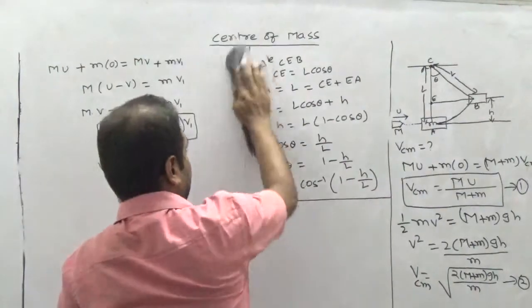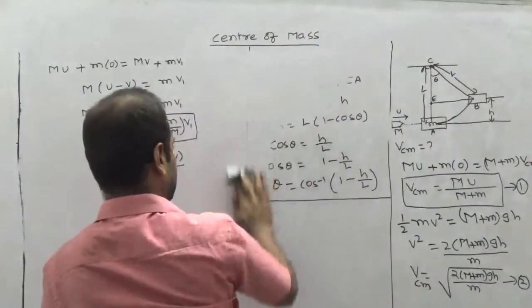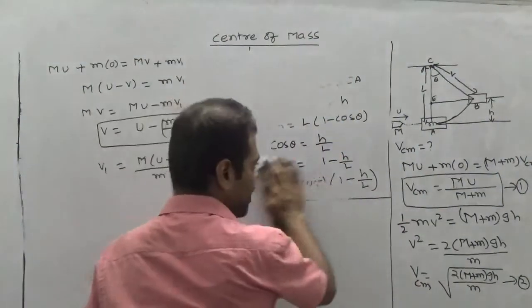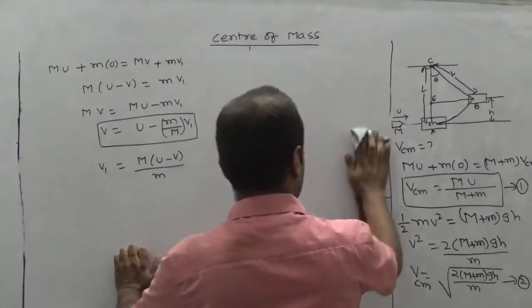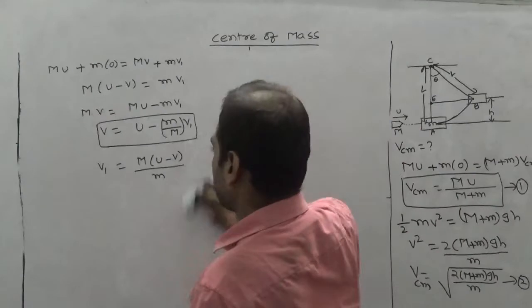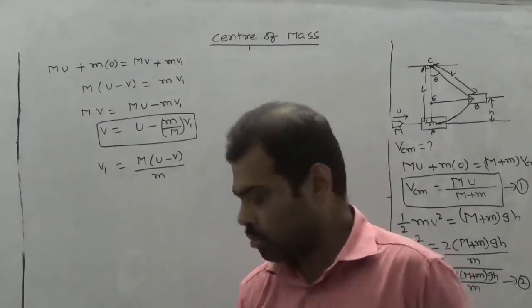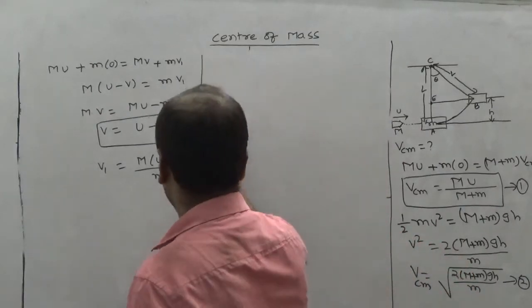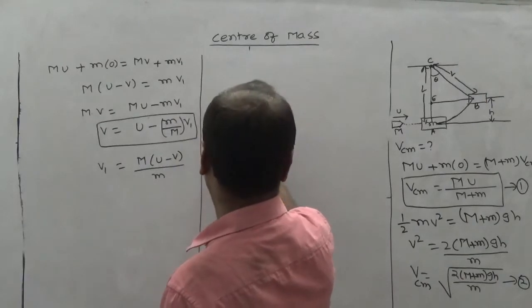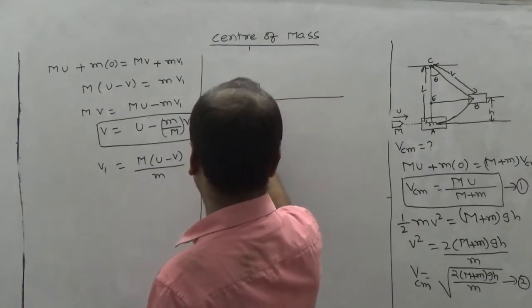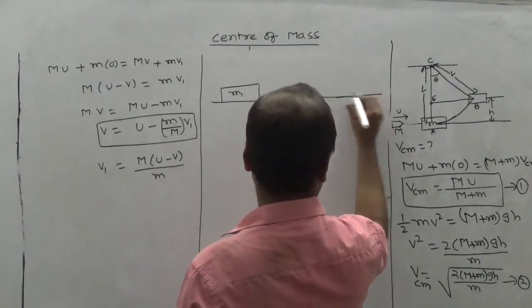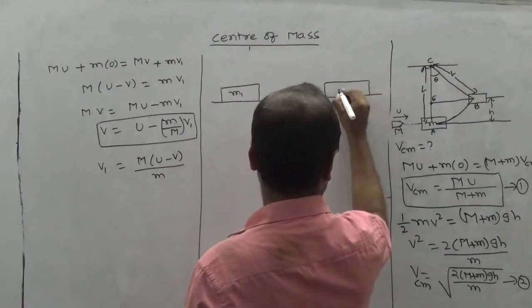Let us consider two blocks having the masses m1 and m2. Suppose let us consider the diagram: this is m1 and here we are having m2.